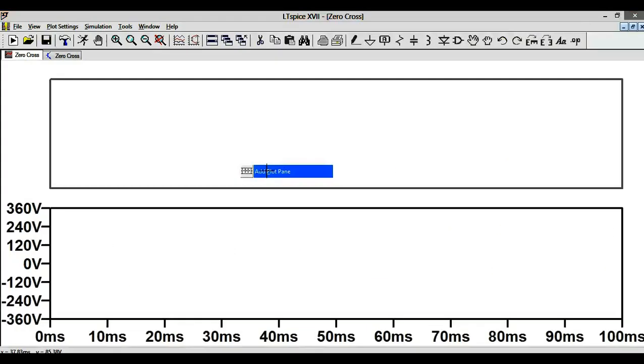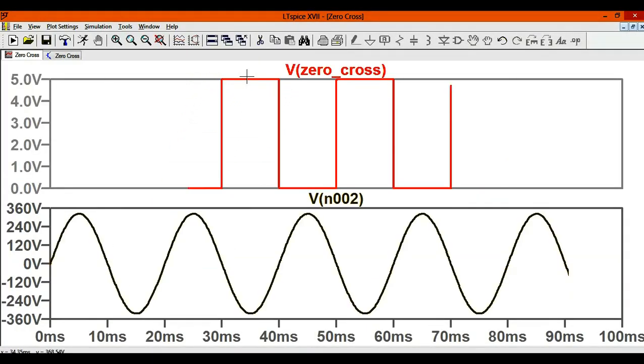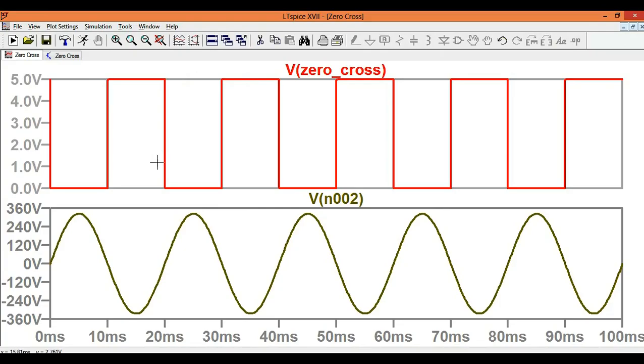If I add these two in the plot pane, you will understand more. Here it goes 0 to 325, then again 0 and minus 325, and the signal at the output of the operational amplifier follows exactly the same. The signal is 0 and 5 volt.